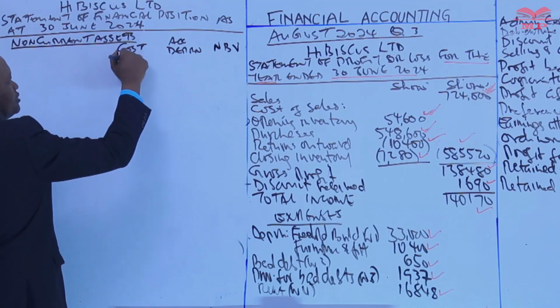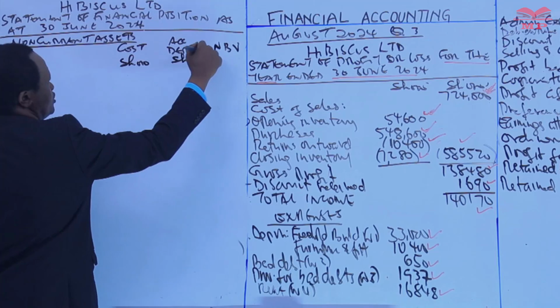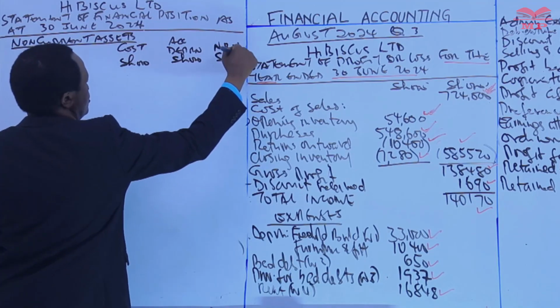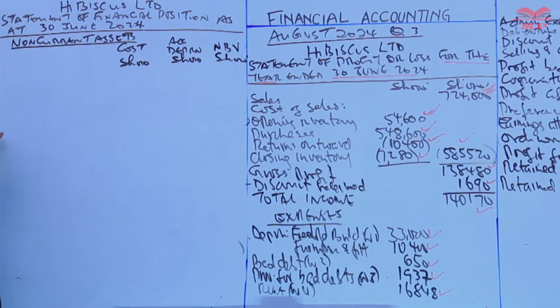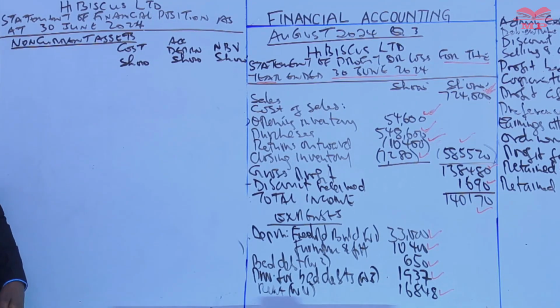The amounts are shown in thousands. Then we go to the trial balance and identify the non-current assets, long-term assets. Where is my question 3?